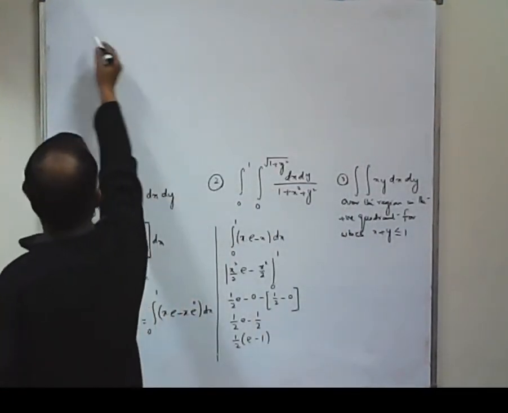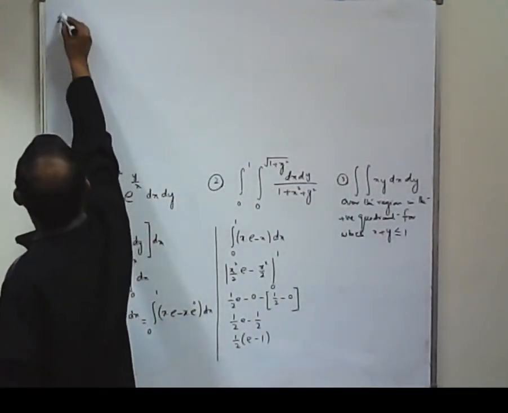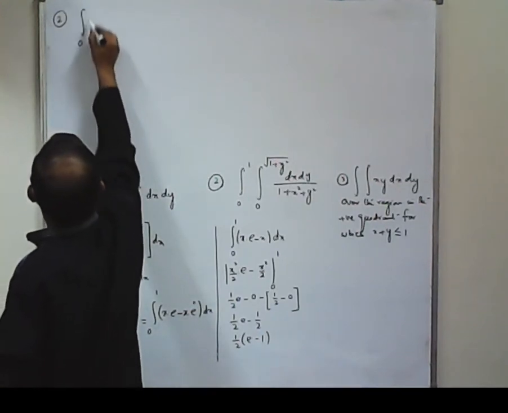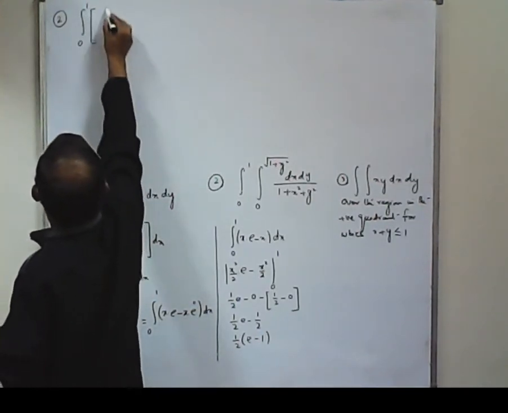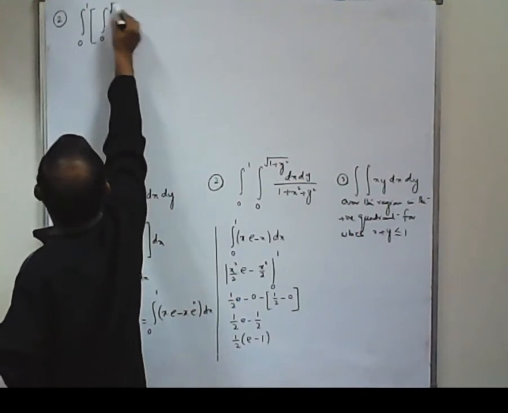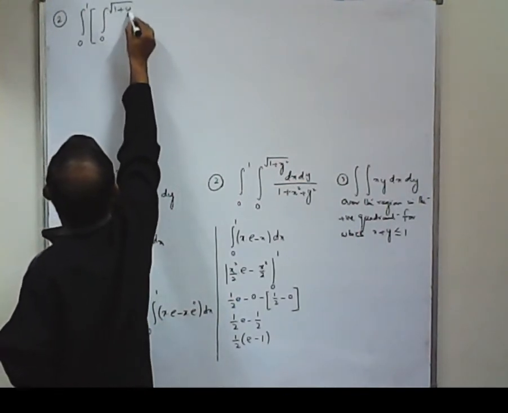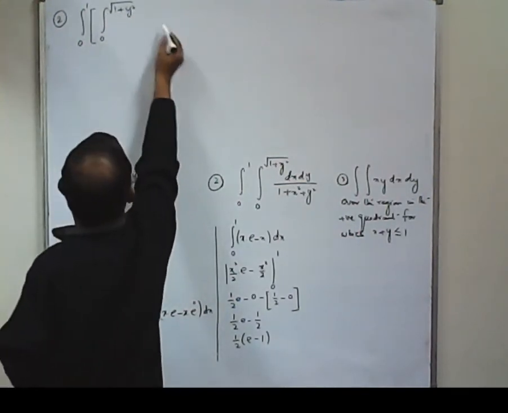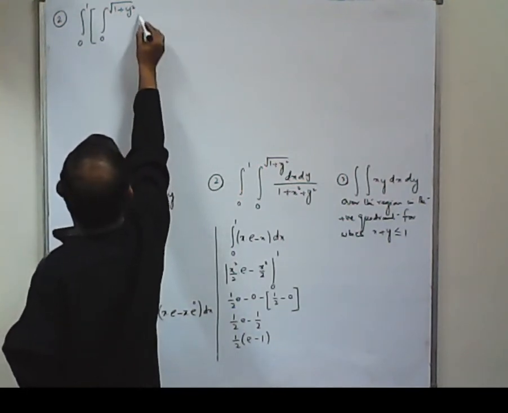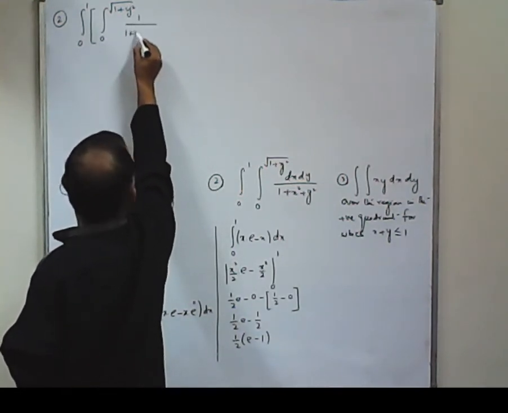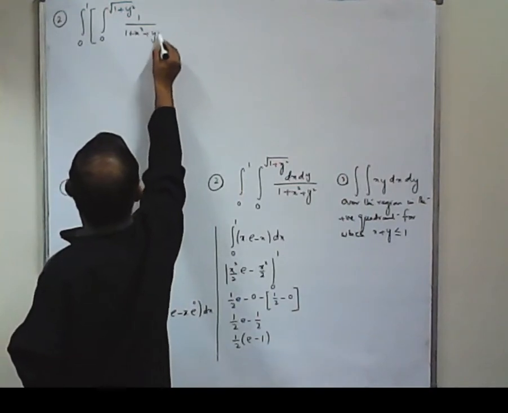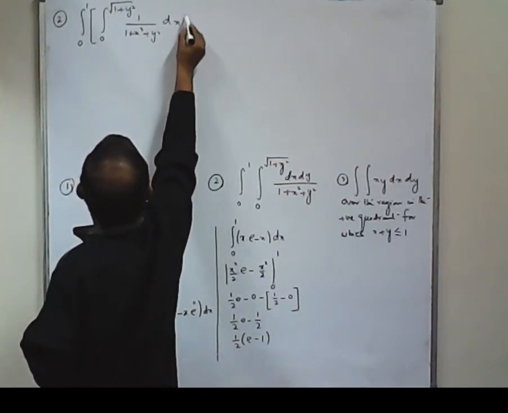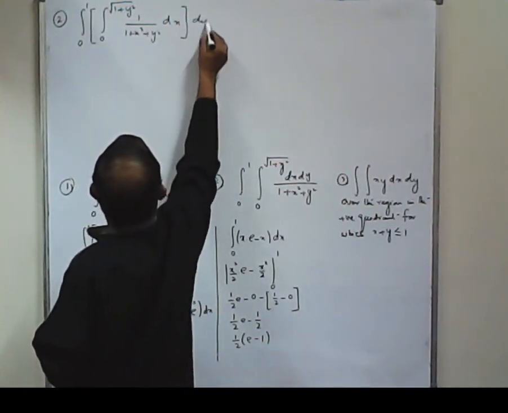So let's see, now we have example number 2. It is 0 to 1, then 0 to under root 1 plus y square, and then we have 1 upon 1 plus x square plus y square dx, and then dy.